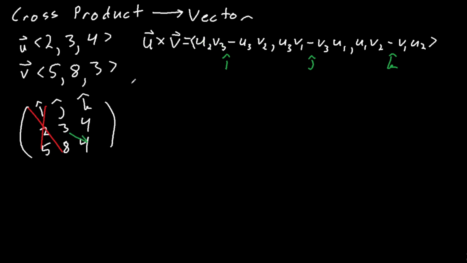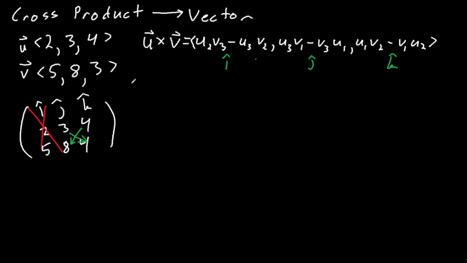Let's draw an arrow to represent that. You see how I wrote U3 times V2? It makes a cross with the leftover numbers that weren't x'd out. That's an important thing to keep in mind. You can just make a table and make a cross, and you get the first value for i hat.